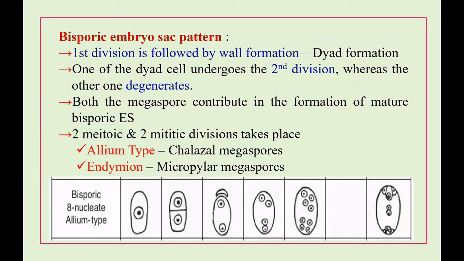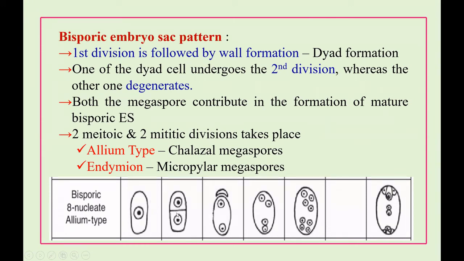Next, the bisporic embryo sac pattern. In plants bearing a bisporic embryo sac, the first division is accomplished by wall formation. If you look here, this is the first division.